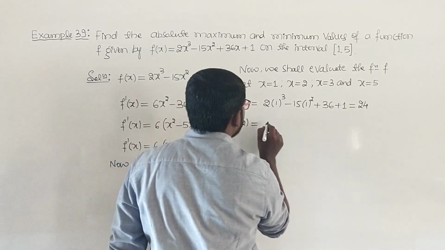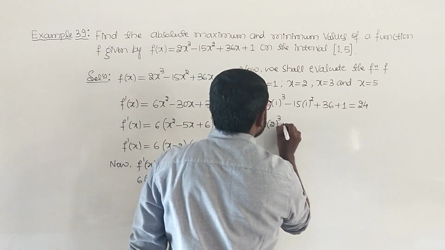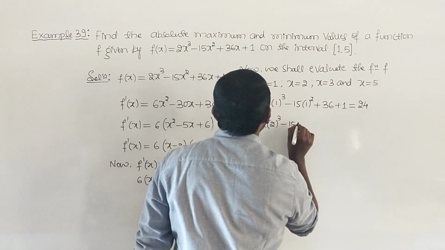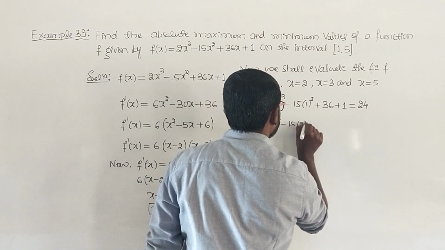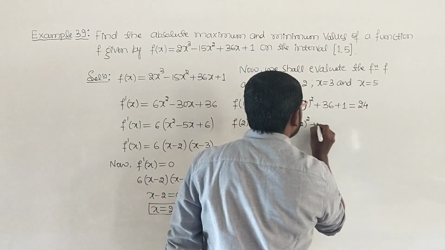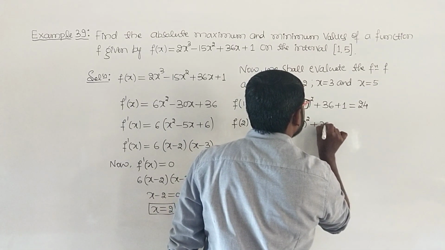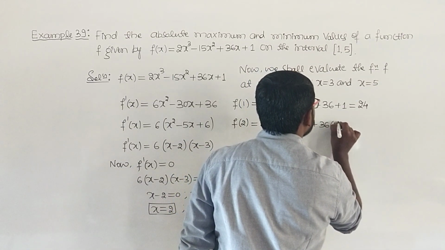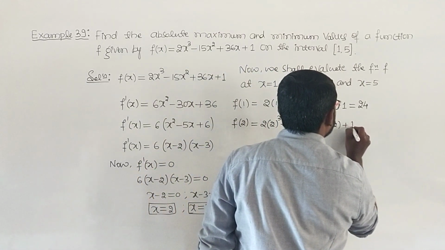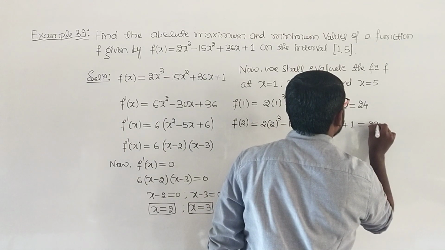Replace x by 2: 2 into 2 cube, minus 15 into 2 square, plus 36 into 2, plus 1. If you simplify this you get 29.